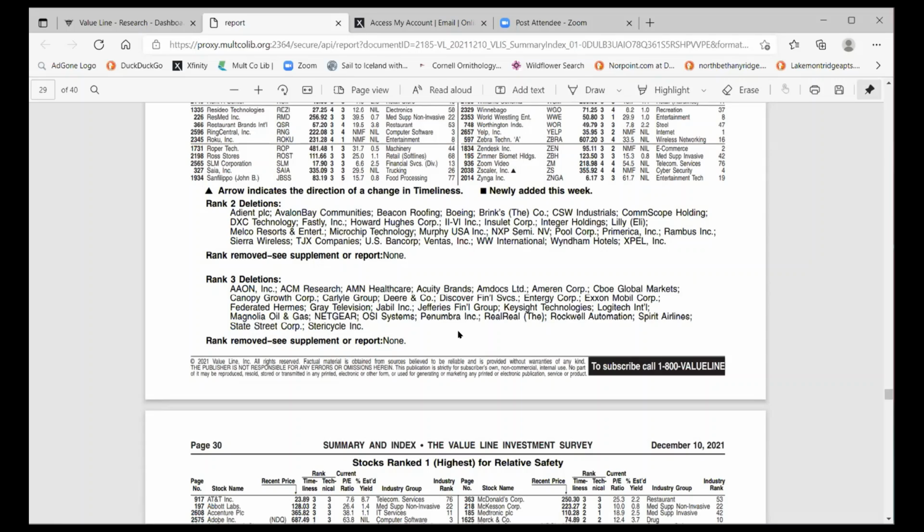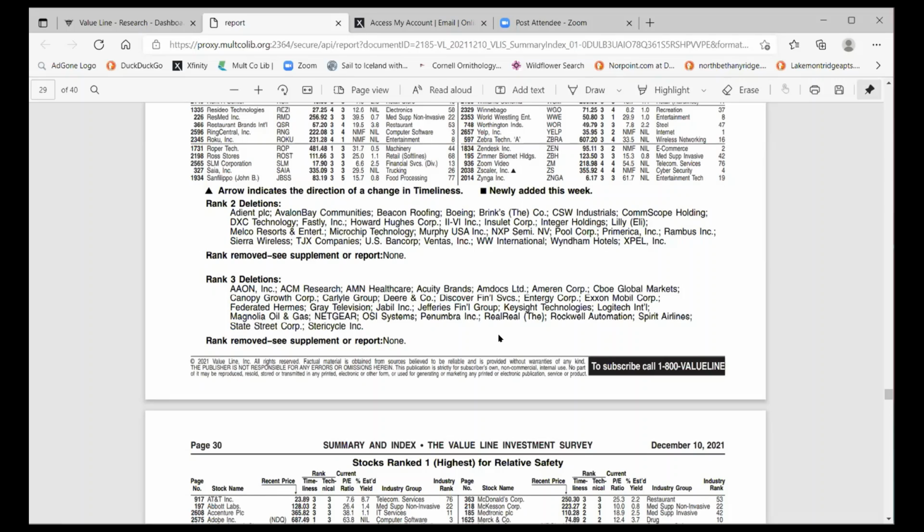So if it's dropped out of 3, as far as they're concerned, it's on the way to the tank, and they're no longer interested in it. And you'll notice Entergy and ExxonMobil are on here, as is Deere, etc. So I always look at these very closely to see who's, in their eyes, dying.